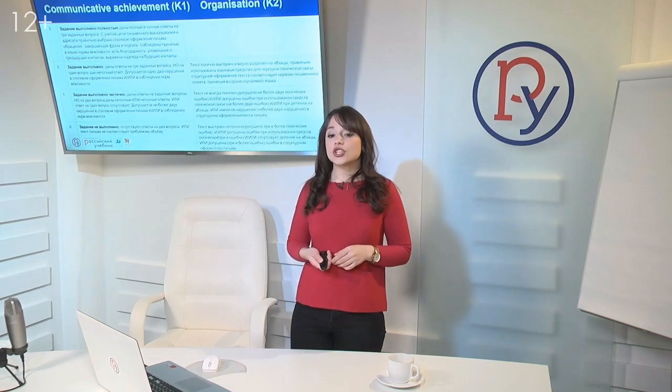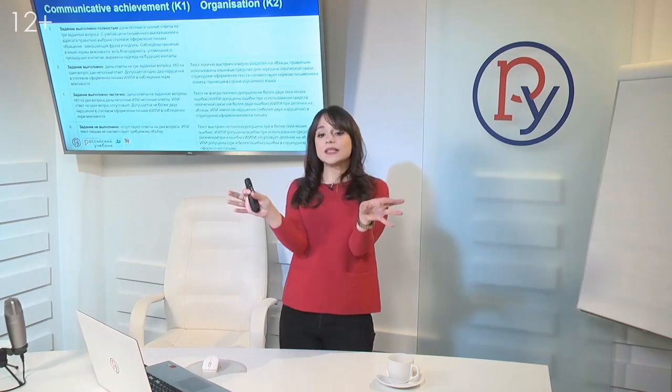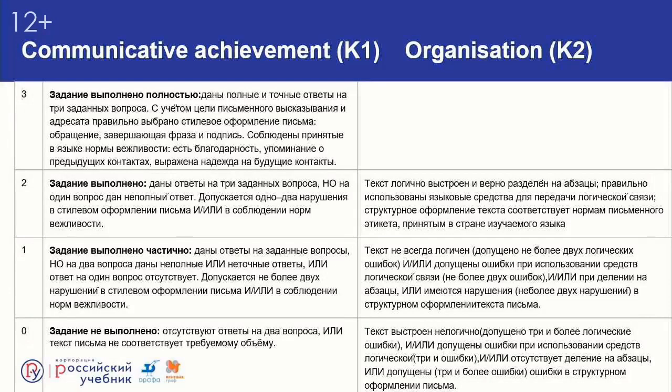Now I'm going to show you the assessment scale for the first 2 assessment criteria. So this is K1 and K2, communicative achievement, content, and organization. I would like you to look through these 2 assessment criteria, 4 bands for communicative achievement, sorry, and 3 bands for organization.